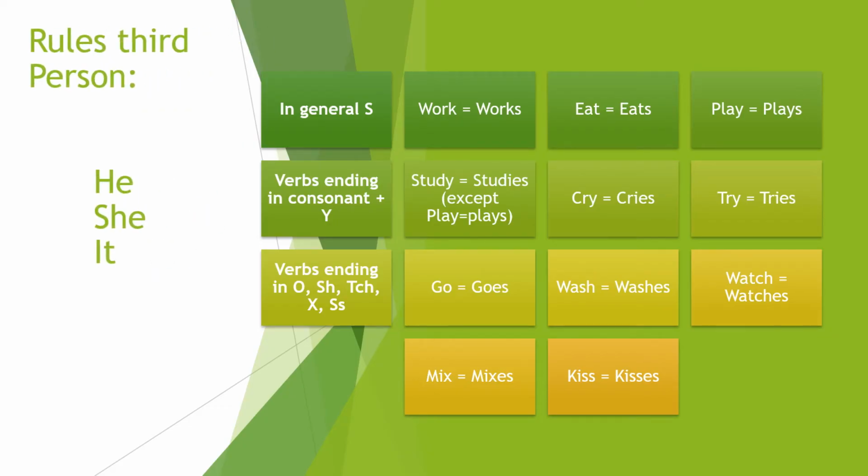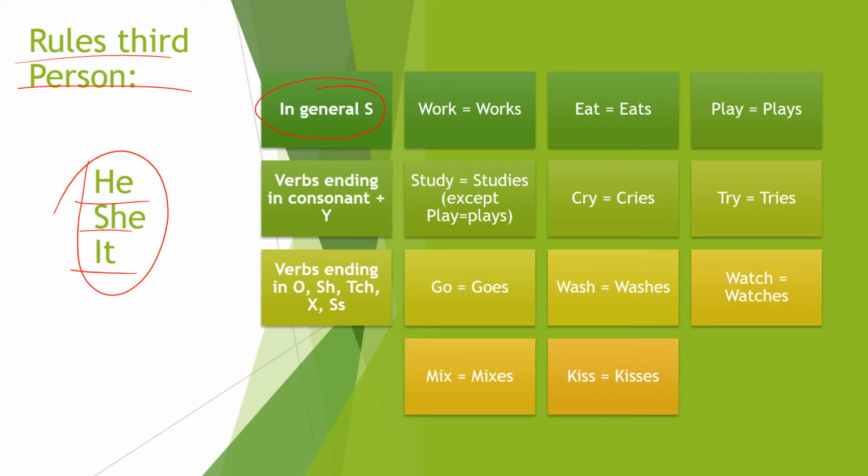Finally, guys, we have rules for third person. In this case, third person, as I said before, we have he, she, it. Okay? We have 3 different rules. First rule, in general, for most of the verbs, all we have to do is just add an extra s.